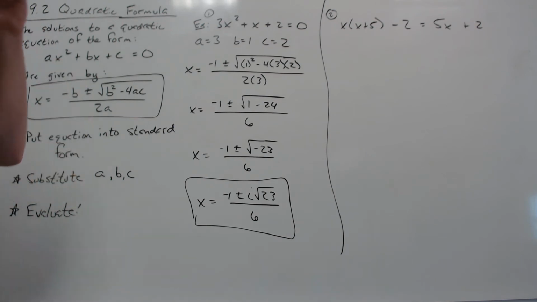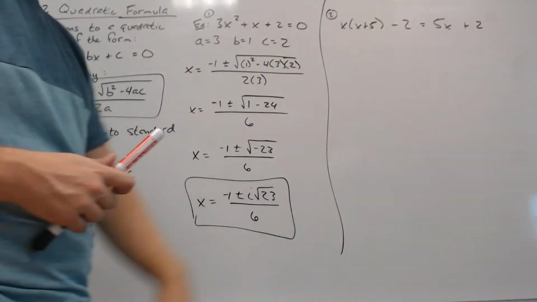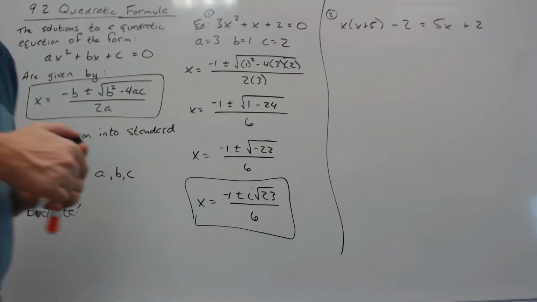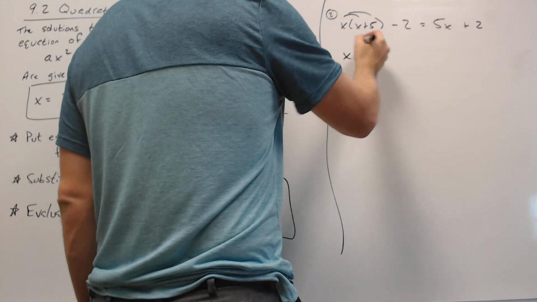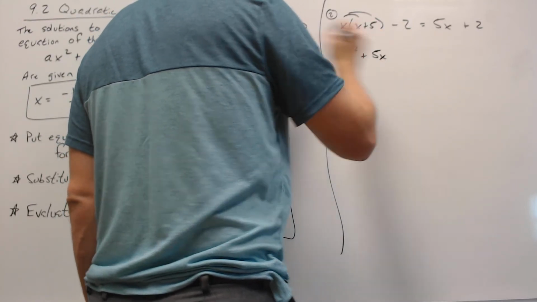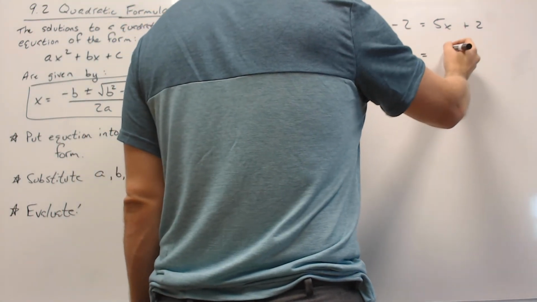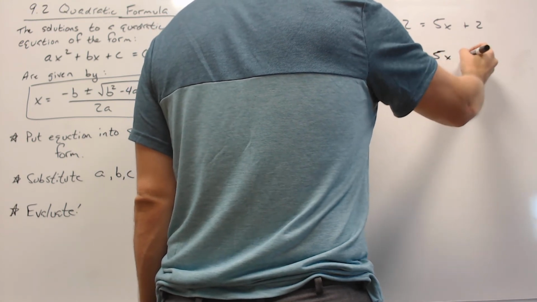All right, for number 2, we have a little bit of work to do to set up the equation in standard form, but once it's there, we'll pick our a, b, and c and run with it. So we can distribute: x squared plus 5x minus 2 equals 5x plus 2.